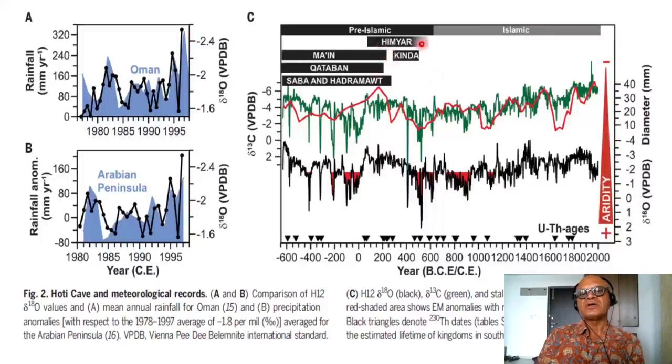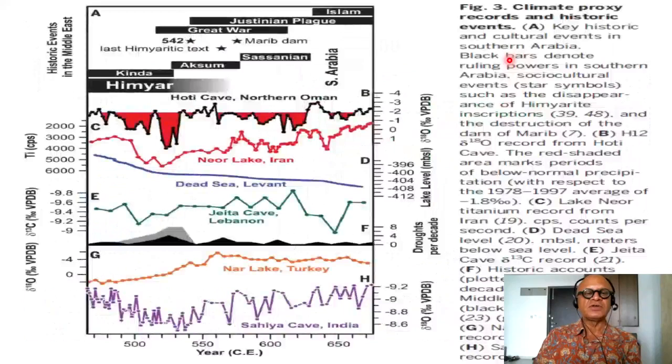The Himyar are here, and did they disappear? Ma'in and Kinda existed here. Kataban, Saba, and Hadramaut existed here. So you can see that this climate signal here and the aridity associated with it is inferred as a cause, a driver for the emergence of Islam out of the reduced societal resilience.